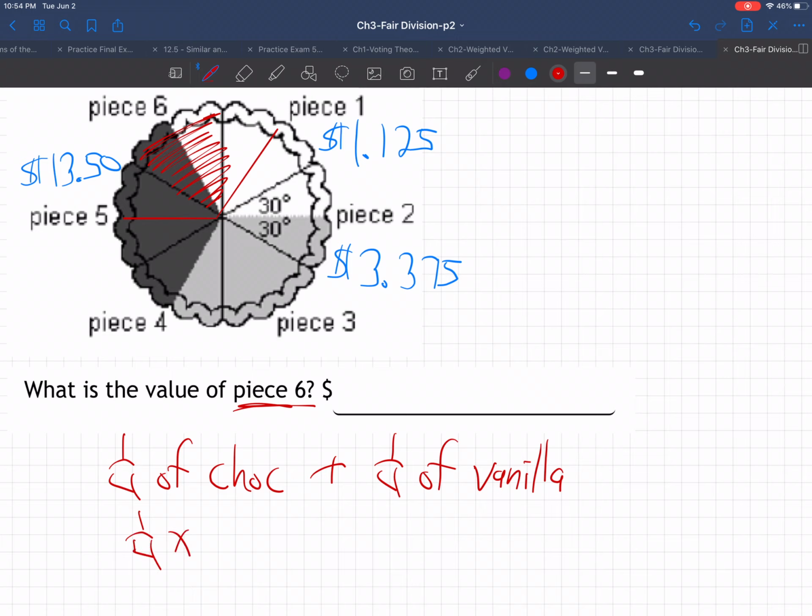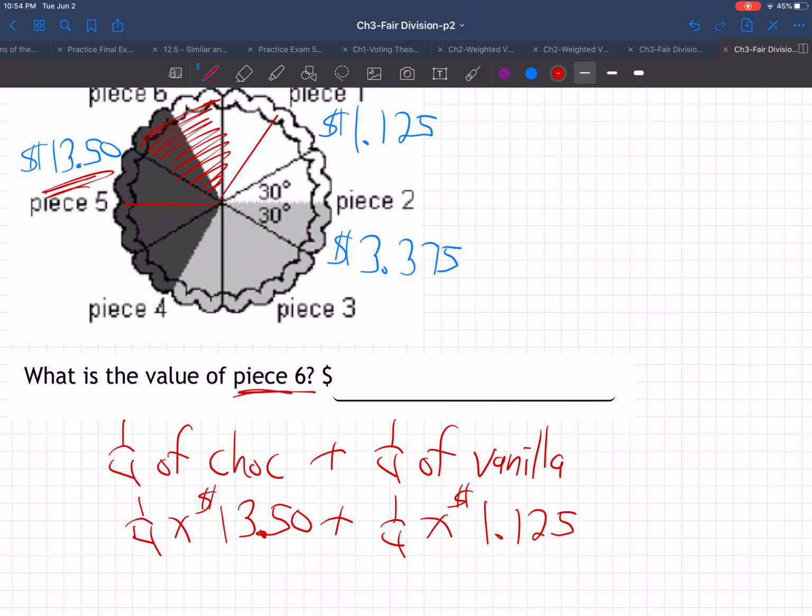So it's 1/4 times what the whole chocolate chunk is worth, 13.50, plus 1/4 of what the vanilla chunk is worth, 1.125. So do those on your calculator. It's coming out for me to be 3.65625, round to the nearest cent, which is right there.